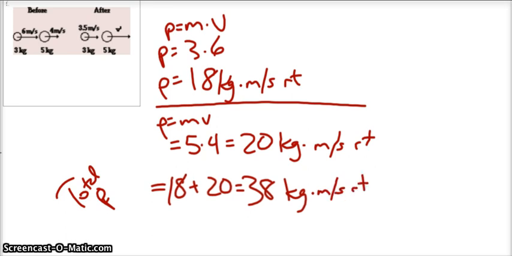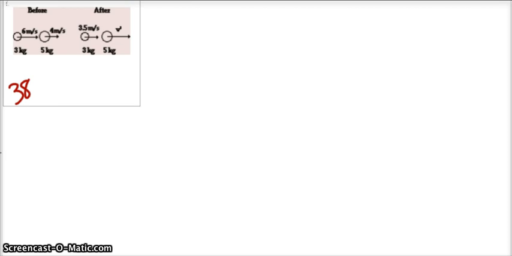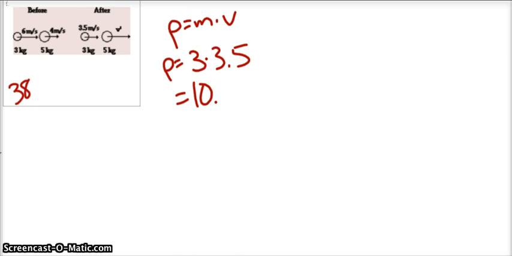All right, so that is your before, 38. Just writing it there for safekeeping. For after, momentum equals mass times velocity. We're doing this one first, 3 times 3.5, and that is going to give us 10.5 kilograms times meters per second to the right.